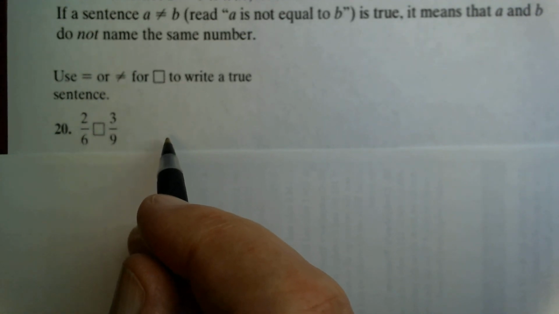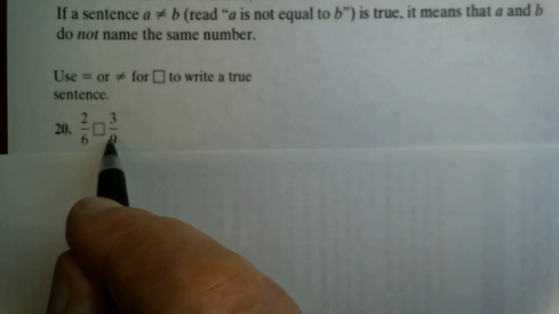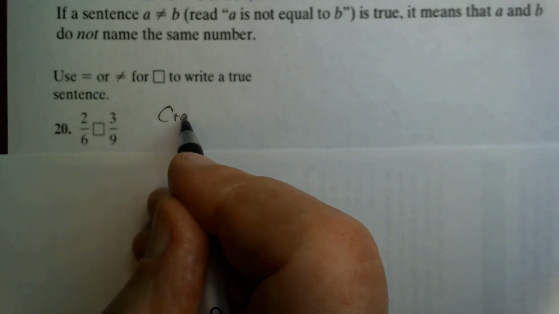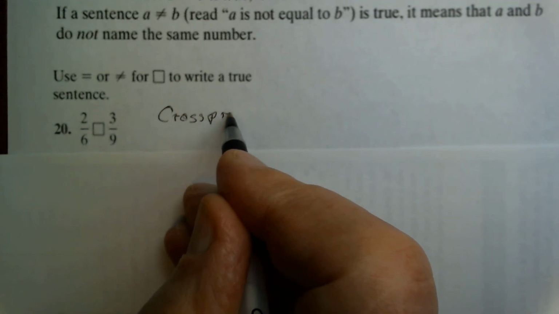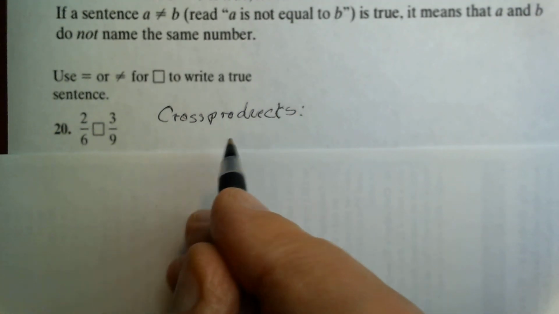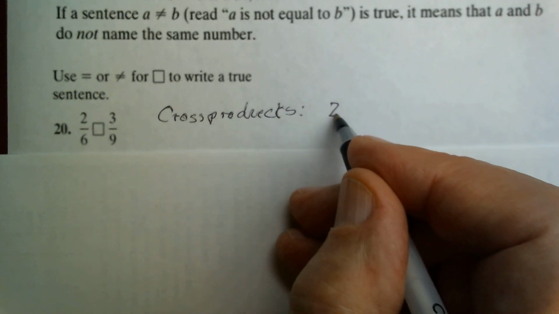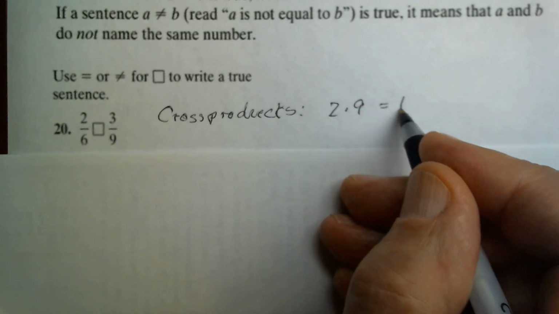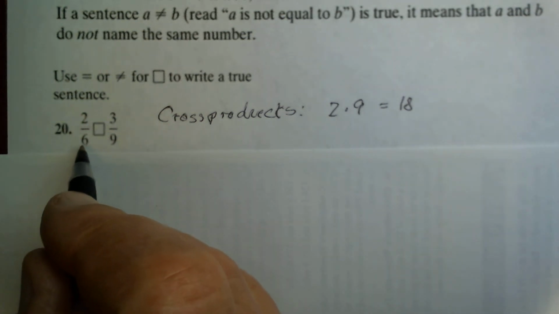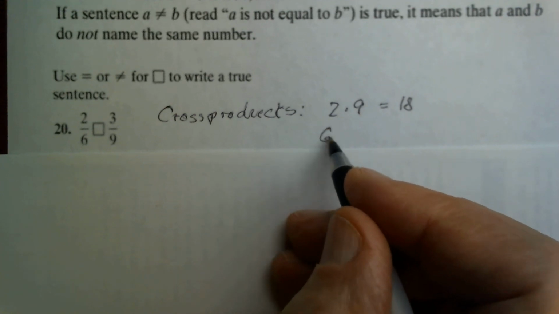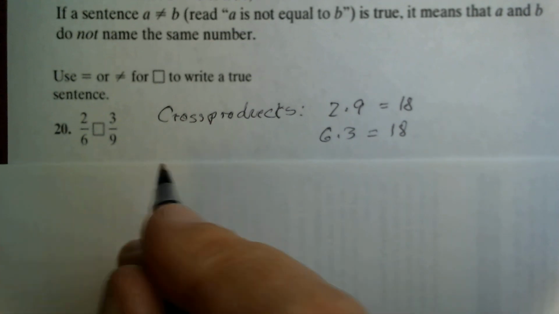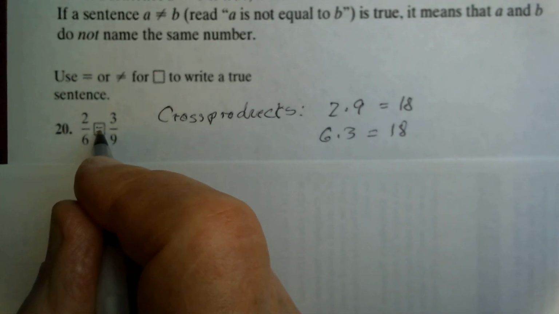Well, again, what we do is we form the cross product. The first cross product is 2 times 9, and that's equal to 18. And the other cross product is 6 times 3, and that's also equal to 18. And since the cross products are the same, we put an equal sign in there.